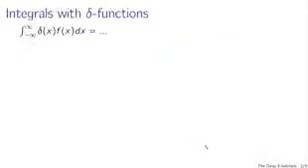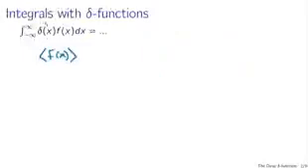Knowing that the delta function acts like a distribution allows us to do things like calculate integrals with delta functions. This is where delta functions really shine. If you have an integral from minus infinity to infinity of any function, f of x, multiplied by the delta function, if we think of this as a distribution, this is effectively the expected value of f of x, subject to this distribution given by the delta function.